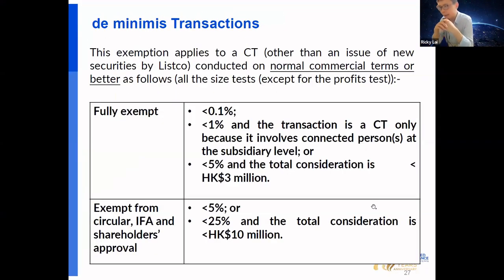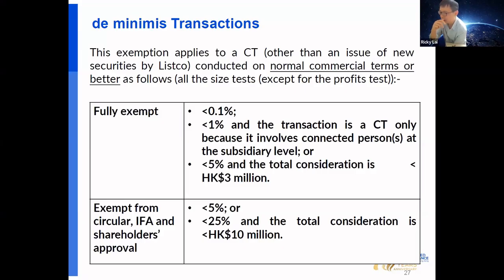More importantly, there are some exemptions you must know, and the de minimis transaction is the most important one. Many listed companies rely on the de minimis exemption for CT disclosure. The de minimis exemption applies to CT, apart from the issue of new securities, conducted on normal commercial terms or better, and all the size test ratios excluding the profit test.